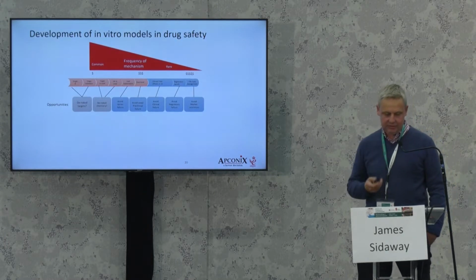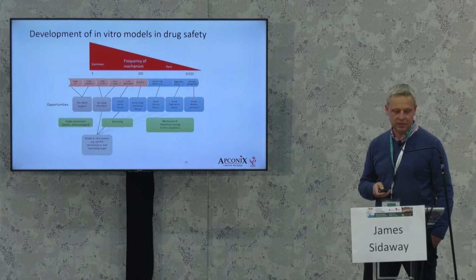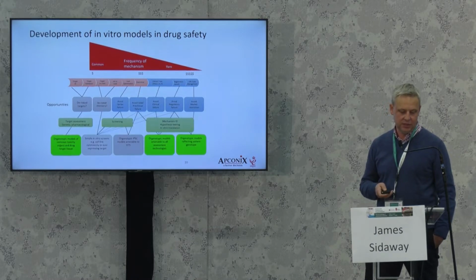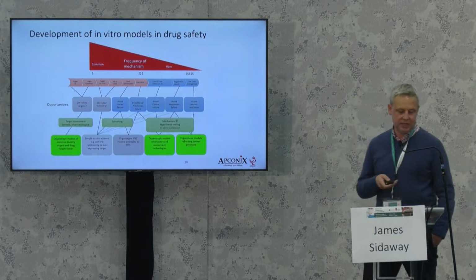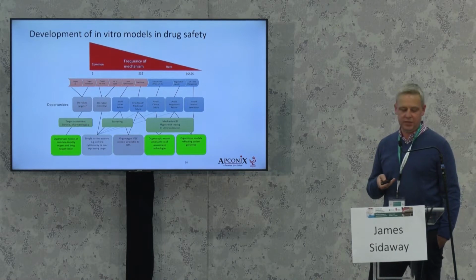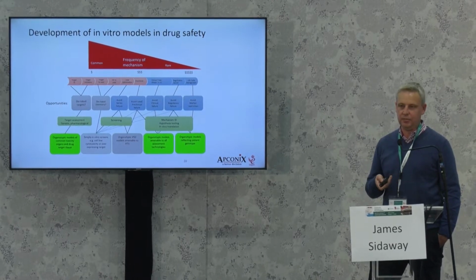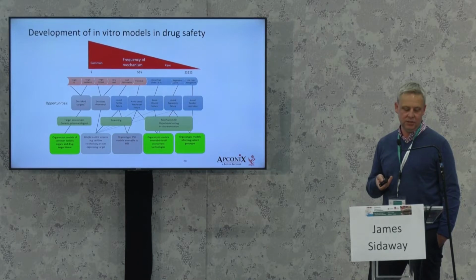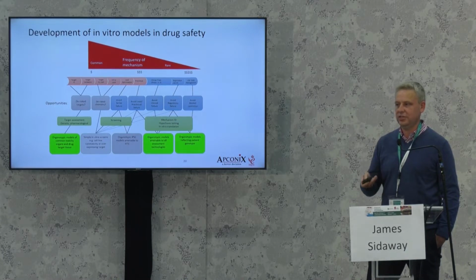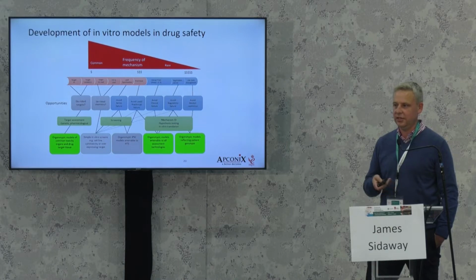And how are these applied in terms of drug safety assessment? Well, essentially, you can apply them at different stages. So if you're looking at a primary target issue, you might take your organotypic model very early on in the drug discovery process. You may try and knock out the target in that model to assess a risk, whether that's pharmacologically or genetically.